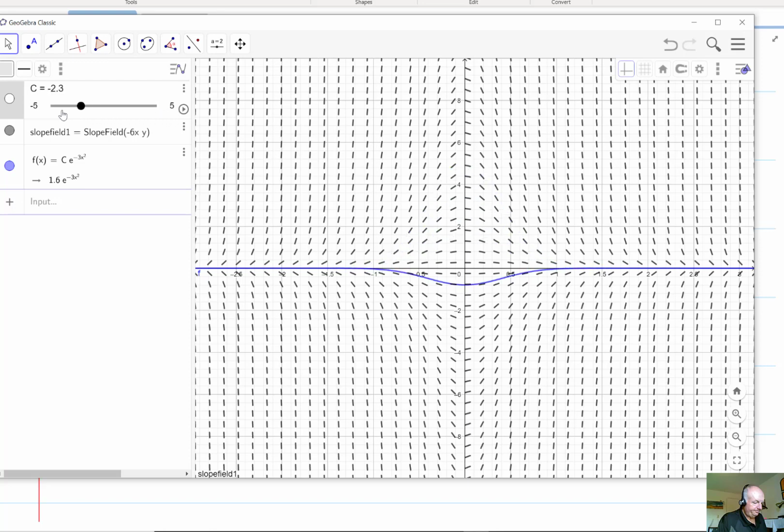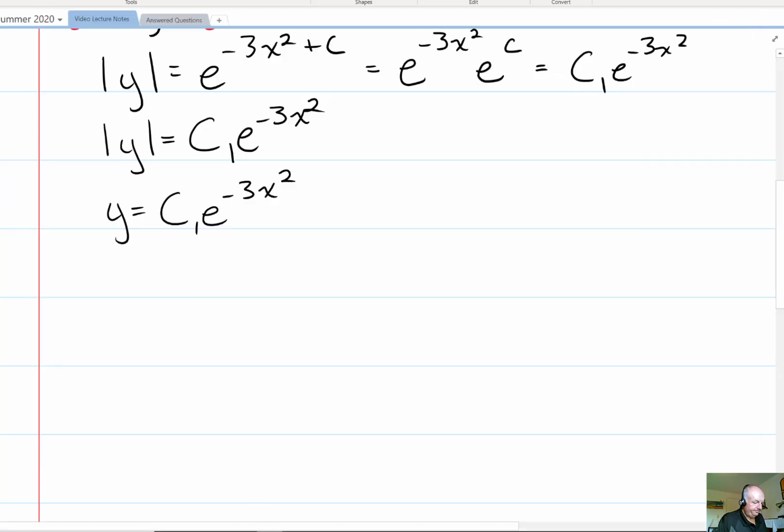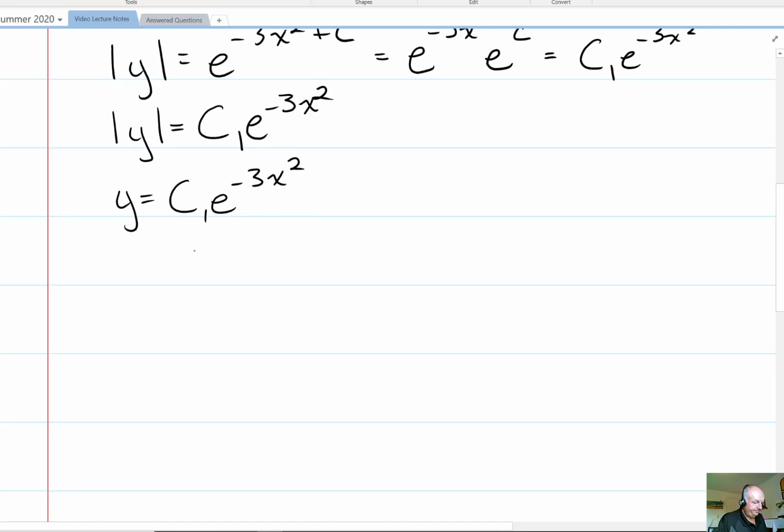Now, which particular one is the one we want? We want the one that goes through 0, 7 way up there. So let's figure out which one that is, using our regular approach. When x is 0, y should be 7.